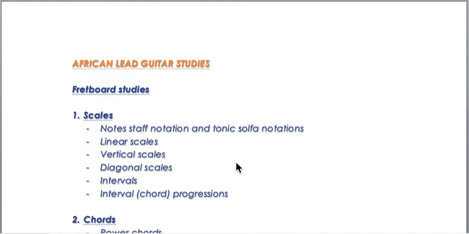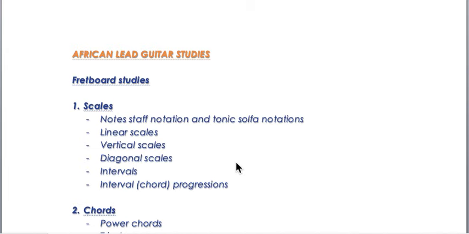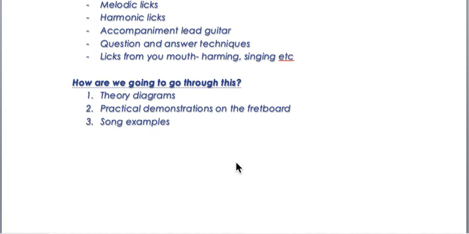But first of all, let me just go to the end of this thing here. How are we going to go through this? Number one, theory diagrams to show you where each note is located on the fretboard. Then we do some practical demonstrations on the fretboard.